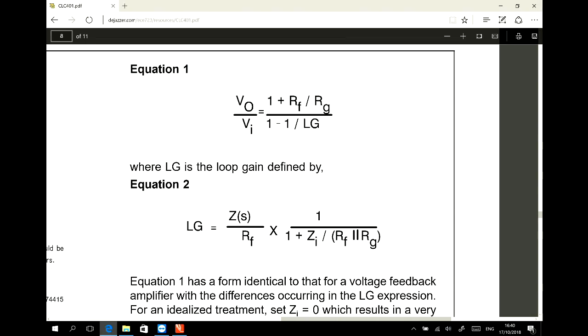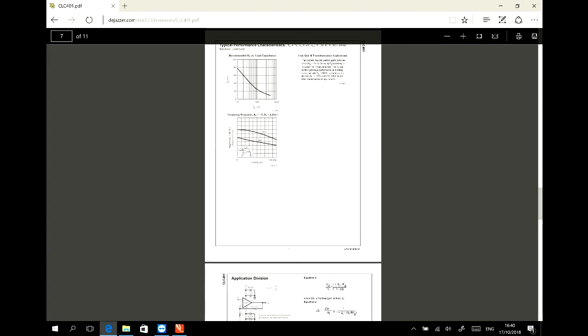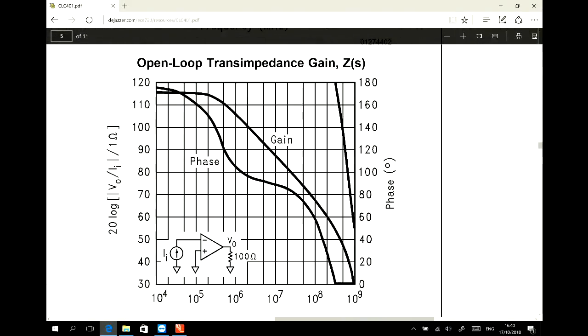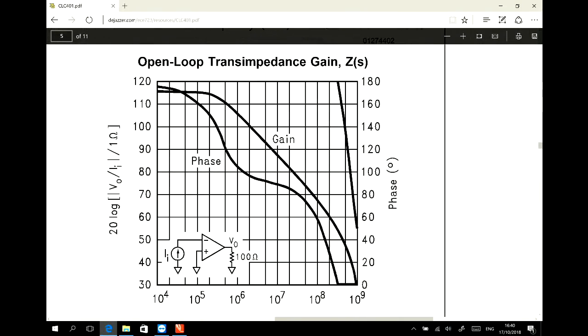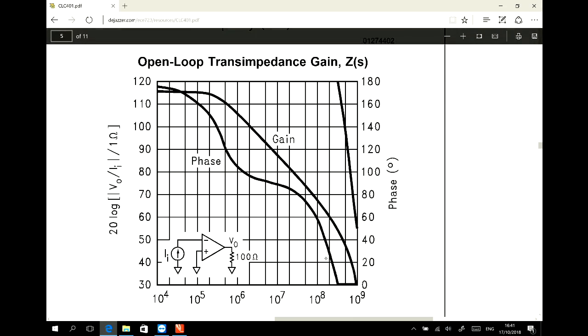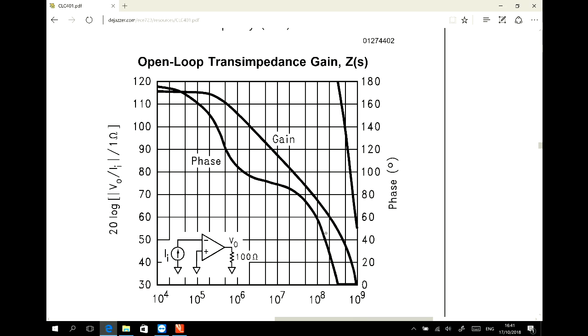So if we look at the Bode diagram here, 63.8 is something like here, and then the gain is here, and coming down it's, for example, 150 megahertz.